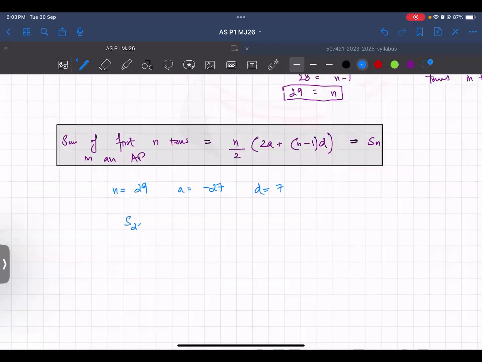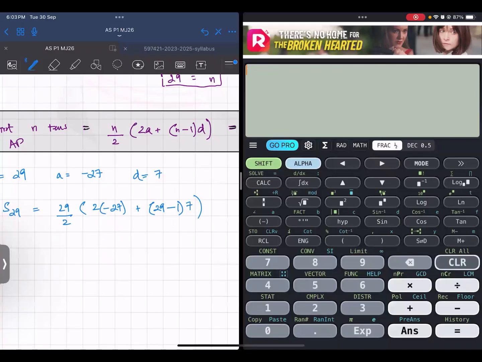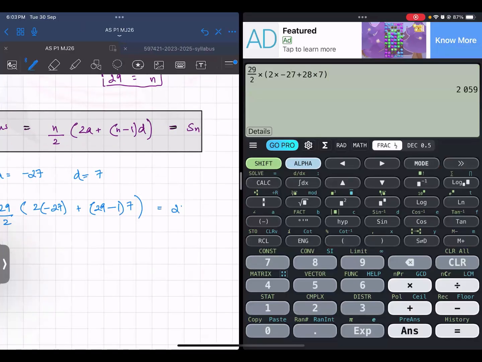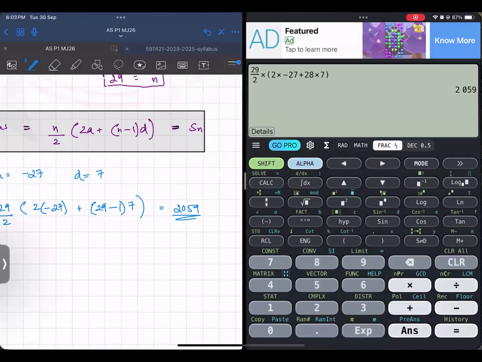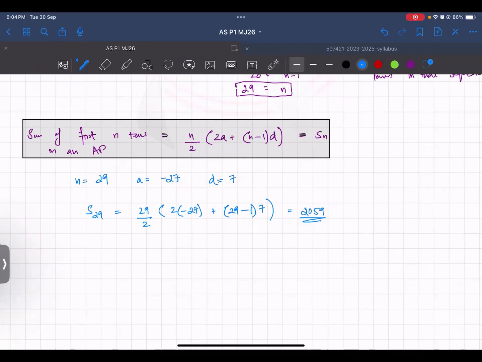So S of 29 terms is equal to 29 upon 2 times A plus 29 minus 1 into D. And then you would use your calculator. 205. This is your answer. That's it. Okay. Simple.